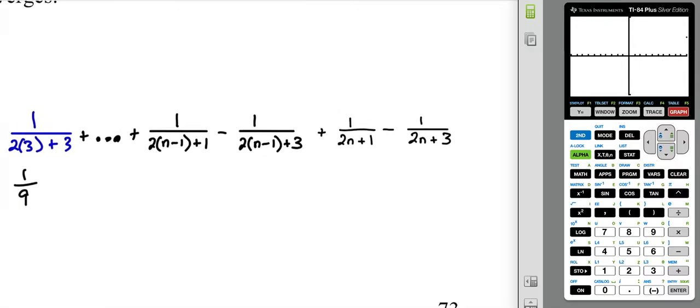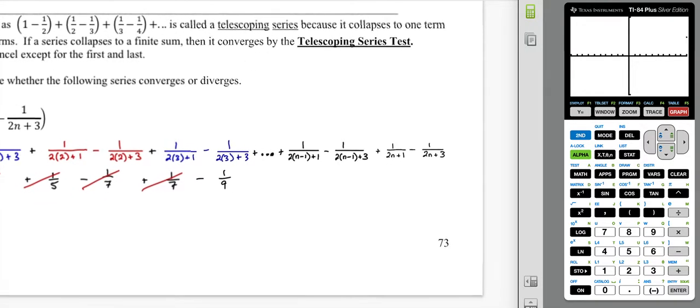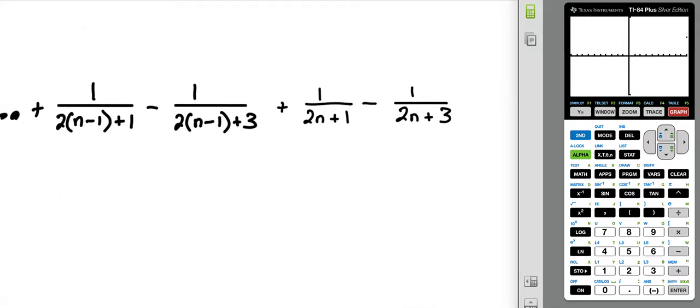All right. So we know that consecutive values seem to be canceling along the way, but let's see what's happening towards the end of the line symbolically. If I distribute the 2 here, I'm going to get 2n minus 2 plus 1, which is 2n minus 1. If I distribute the 2 here, I'm going to get 2n minus 2 plus 3, which is 2n plus 1.